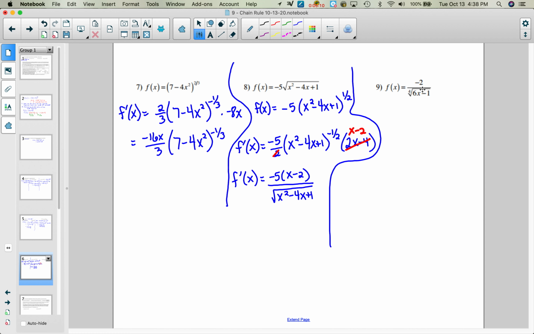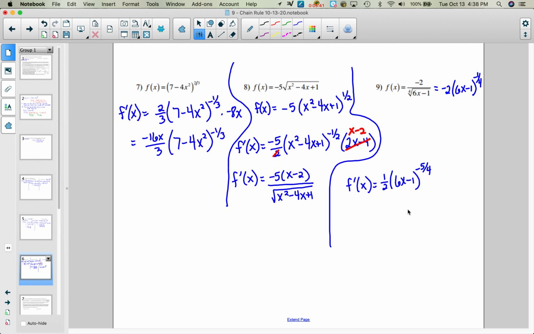And the last one here, not the last one though. Let's write this as negative 2 times 6x minus 1 to the negative 1/4. So then f prime of x, we're going to multiply, so the derivative of the outside, so we're going to have a fourth times 2 is going to give us a half, so we have 1/2 6x minus 1 to the negative 5/4 when we subtract 1.